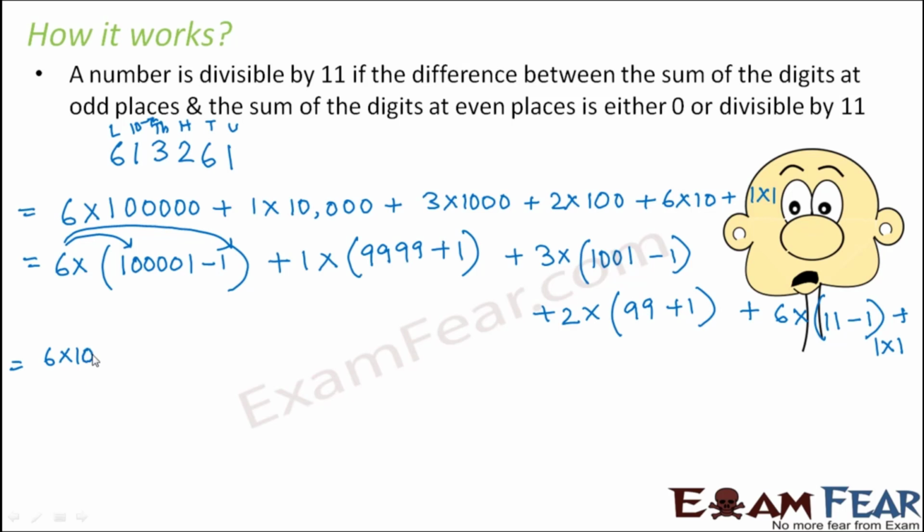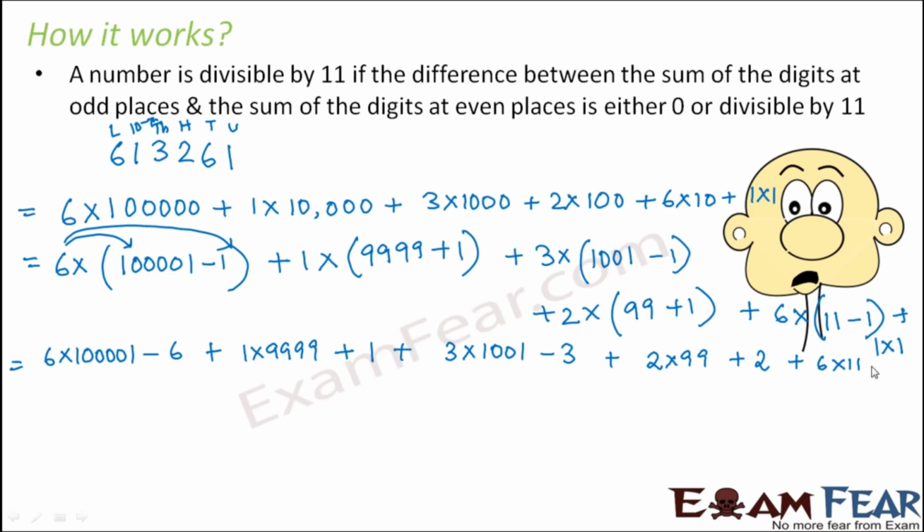This is 6 into 1 lakh 1 minus 6, 6 into 1 would be 6, plus 1 into 9999 plus 1 into 1, which is 1, plus 3 into 1001 minus 3, plus 2 into 99 plus 2, plus 6 into 11 minus 6, plus 1. So this is what we get.